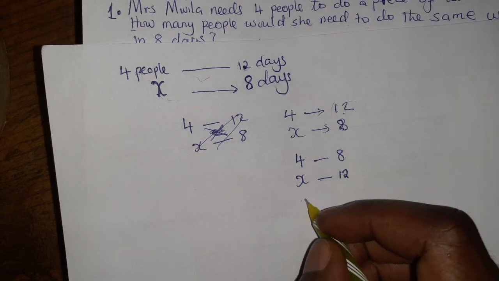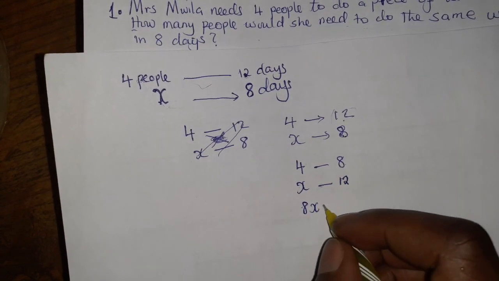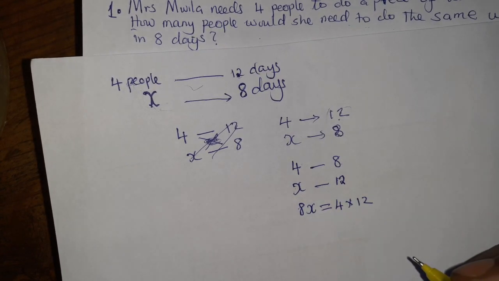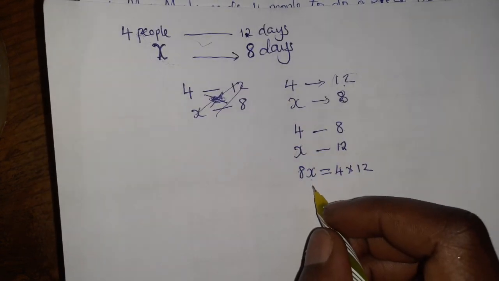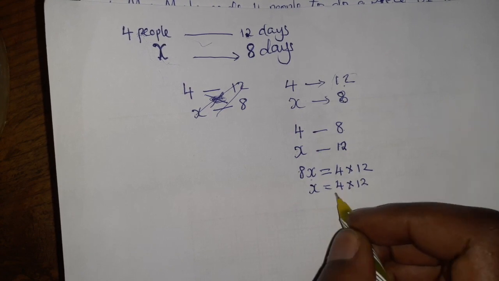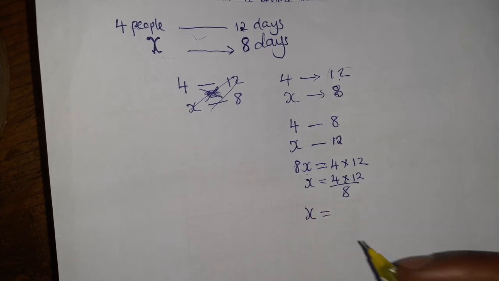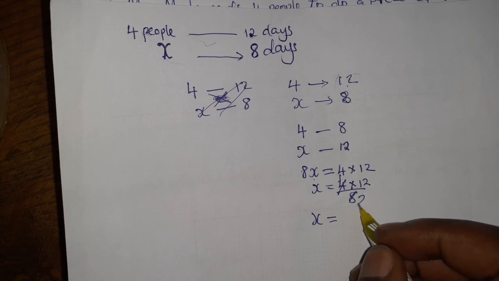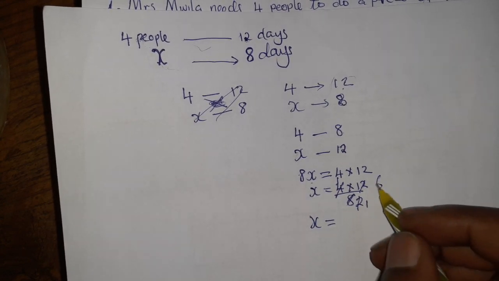So to cross multiply, we're going to have 8x, that is 8 multiplied by x, equals 4 multiplied by 12. Then we want to find the value of x. So x is equal to 4 multiplied by 12 over 8. 4 here is 1, 4 here is 2; again 2 here is 1, 2 here is 6.